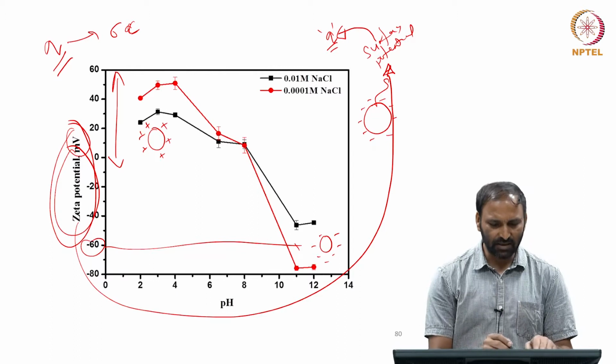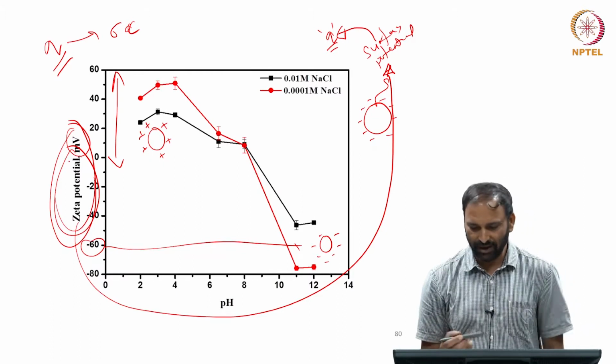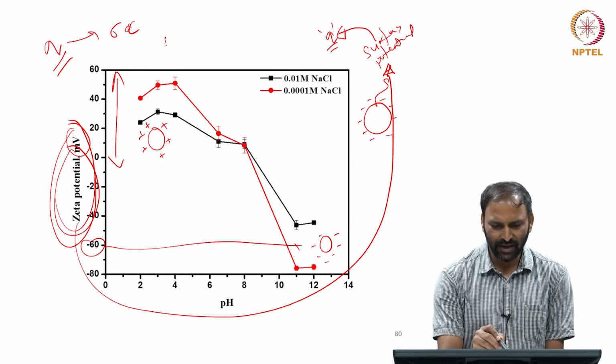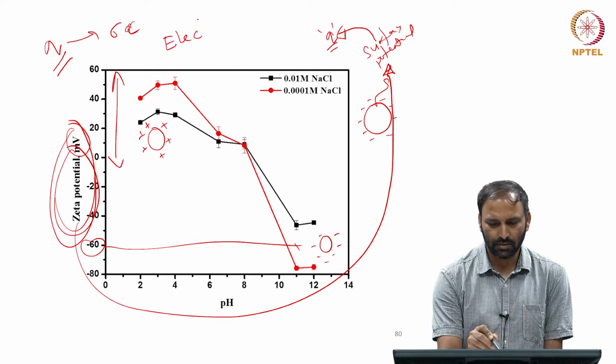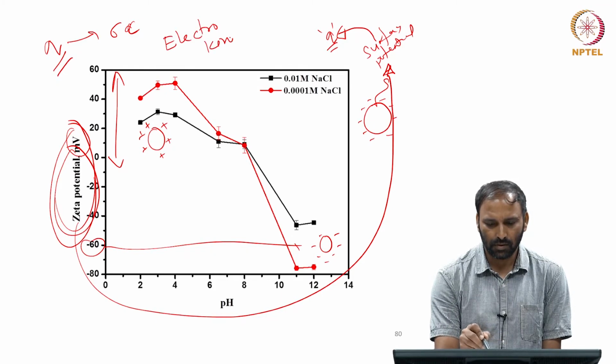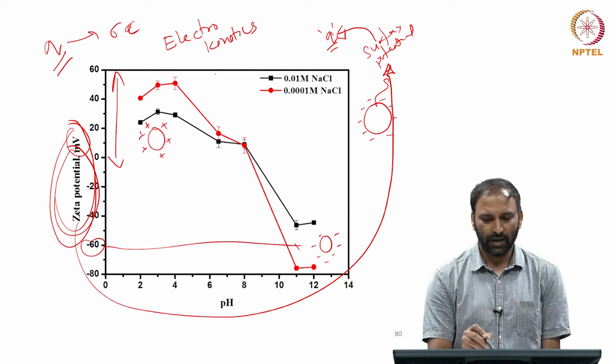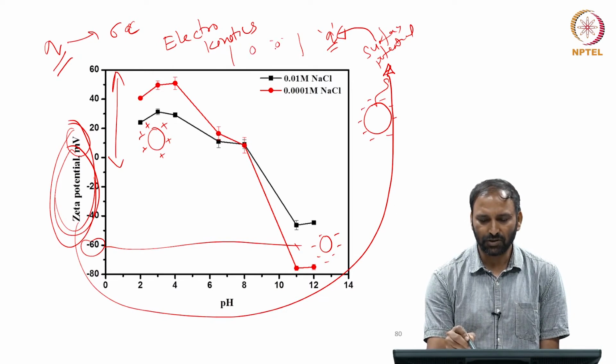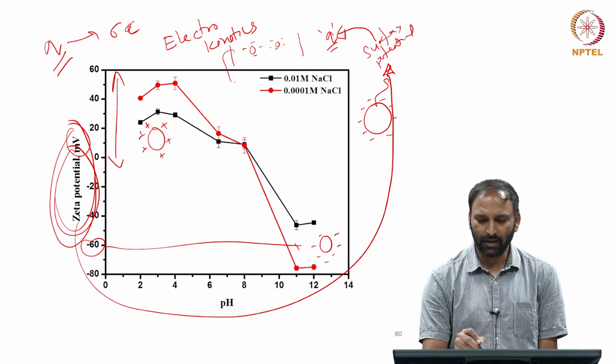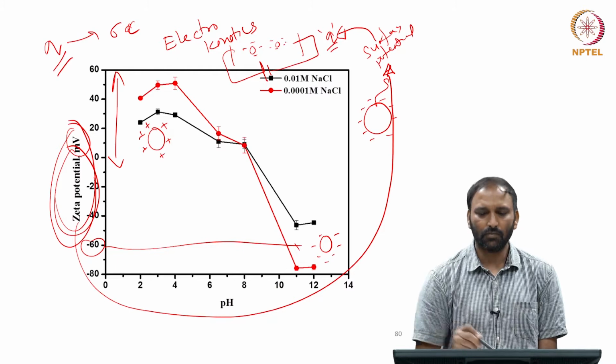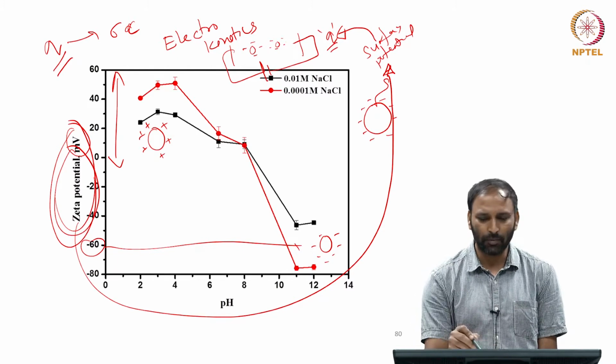Typically, the zeta potential is measured by a technique called electrokinetics. In this, I have a dispersion of particles, either positively or negatively charged, and you apply a voltage and make them move.